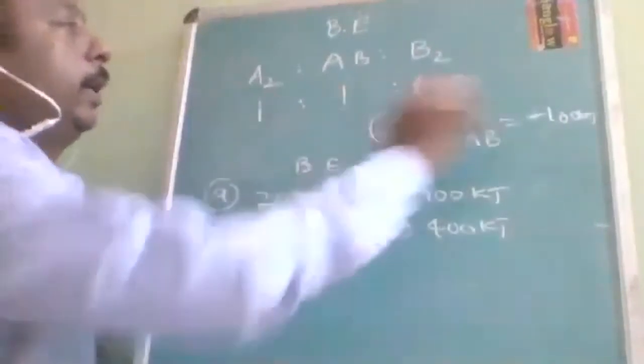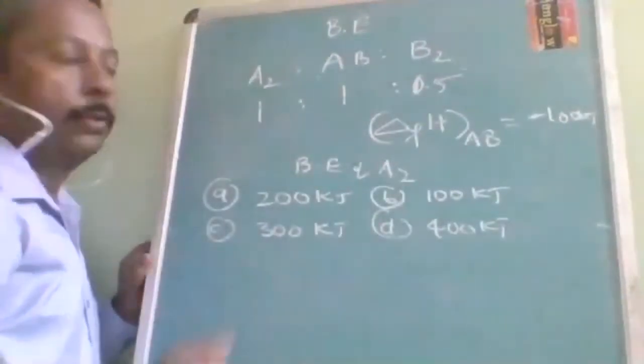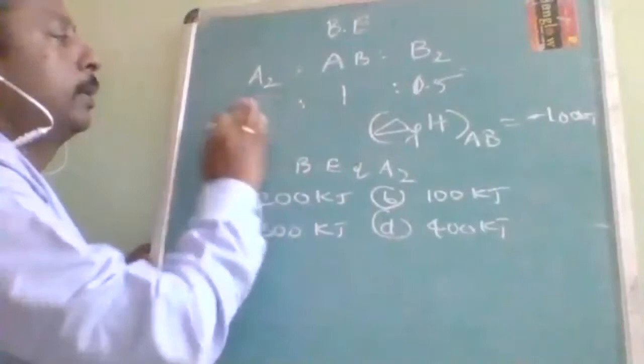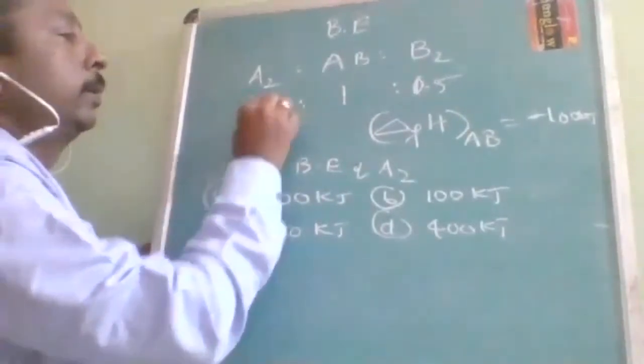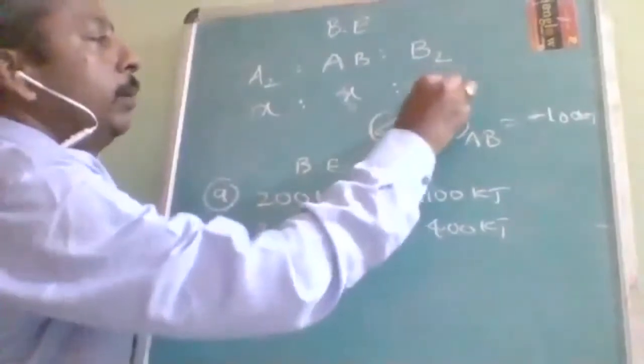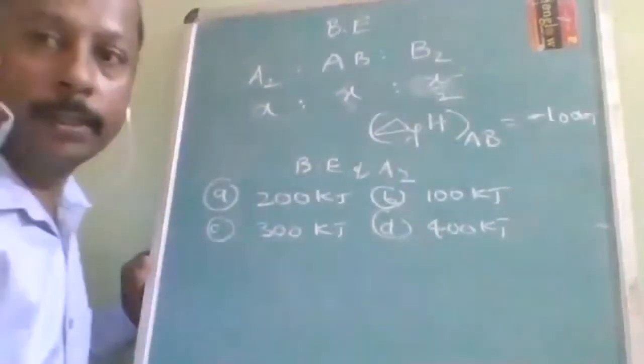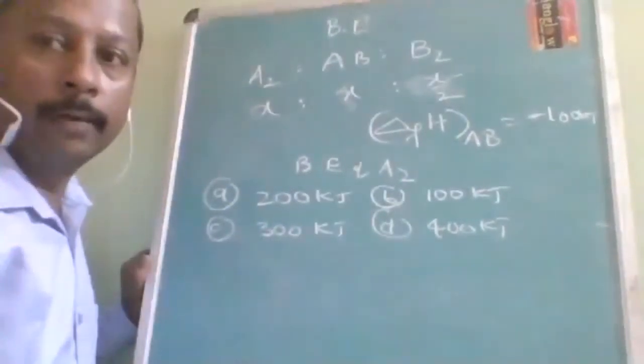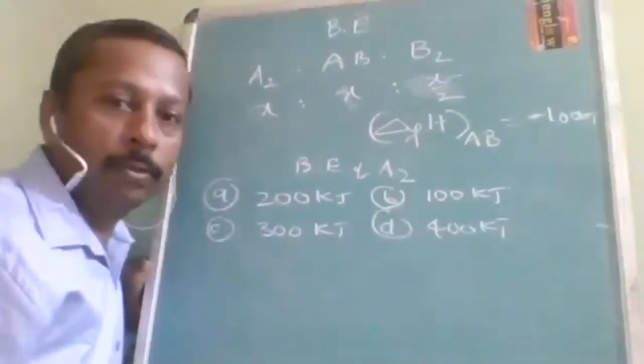Now they are in the given ratio, so if I multiply with x, then it will be x. This is also x. Now I will write it as x by 2, or not. What I have done is converted the given values into bond energies.